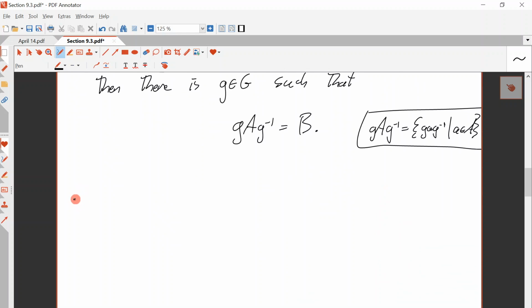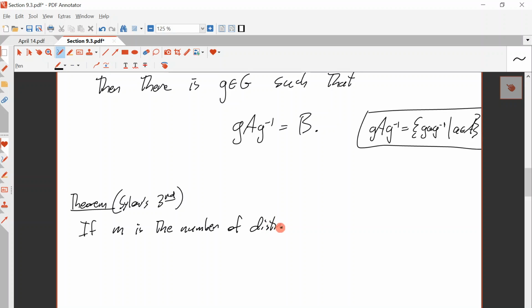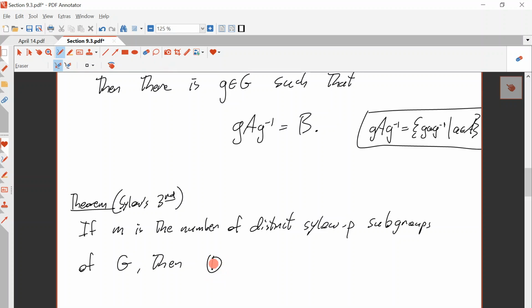And then Sylow's third theorem. If m is the number of distinct Sylow P subgroups of G, then two things.